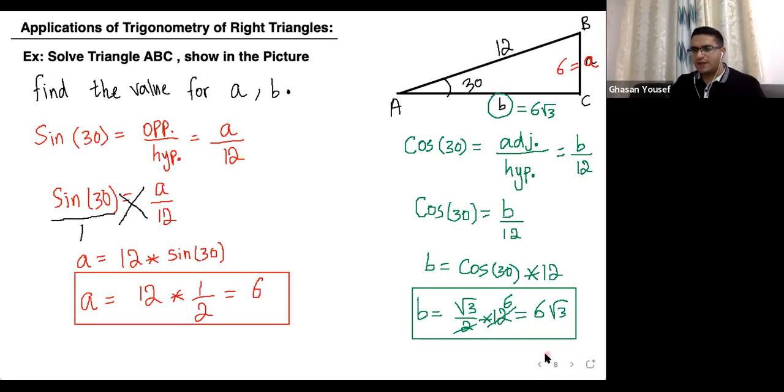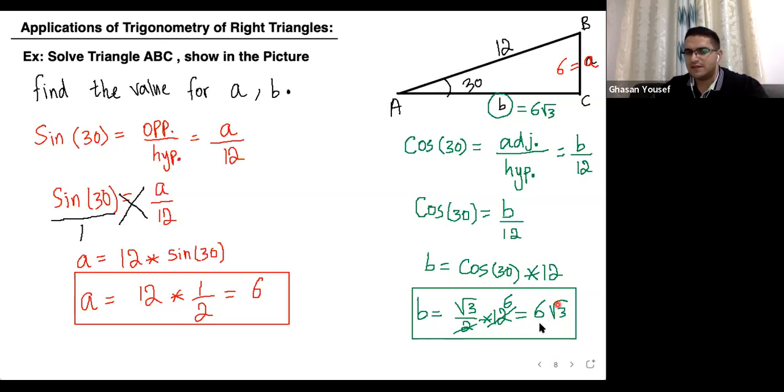Would it have been incorrect to use the Pythagorean theorem to determine b, since we already... No, it's correct. If you find the value of a and you have the hypotenuse, 12, it is easy to use the Pythagorean theorem.